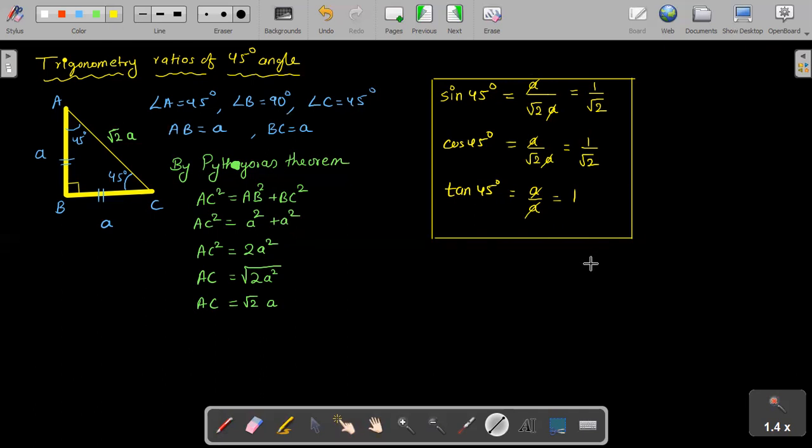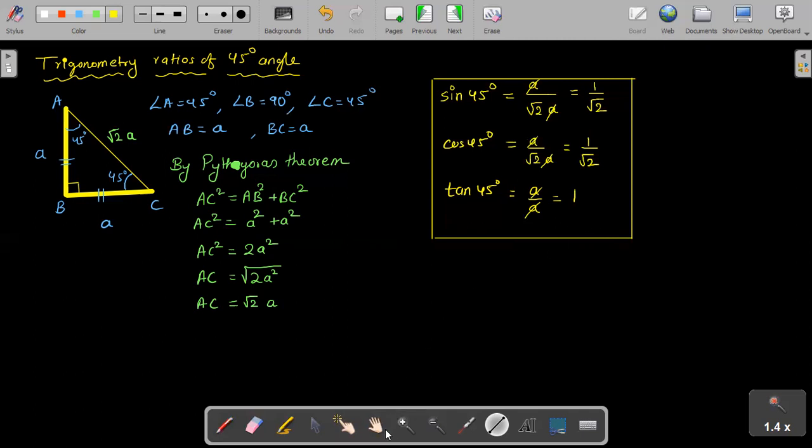You have to train your brain yourself in such a way that you remember it. Everybody has their own way of remembering. These calculations might be helpful for you to remember the values.